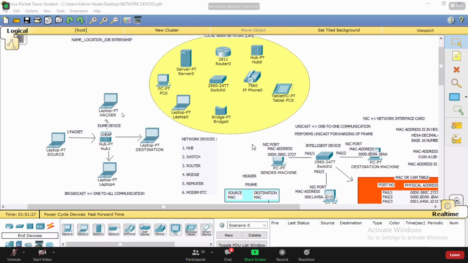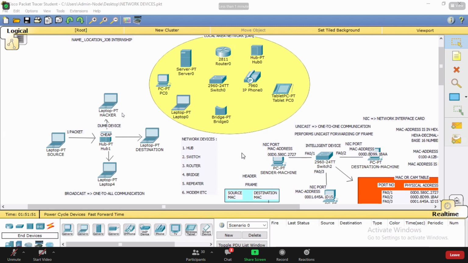Mayuri. Absent, sir. Okay. Who developed the OSI model? ISO. ISO stands for International Organization for Standardization.